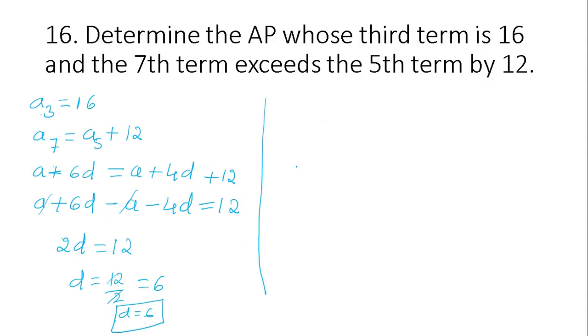Next. A3 is equal to 16, they have given. Call this equation number 1, and D is equal to 6 equation number 2. From 1, A3 is equal to 16. A plus 2D is equal to 16.